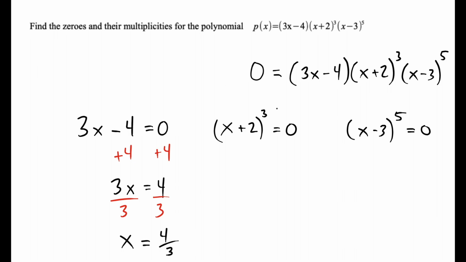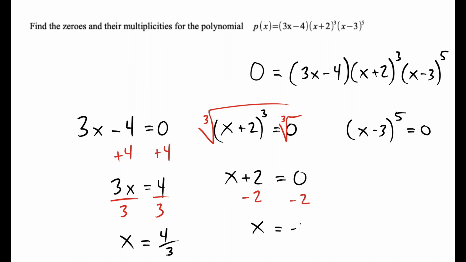In order to get rid of the cube, we would simply do a cube root. Because we're going to be taking a cube root of 0 here, that result is just going to be 0. So basically the cube is not going to matter when it comes to finding the value of the zero. -2 is a zero.